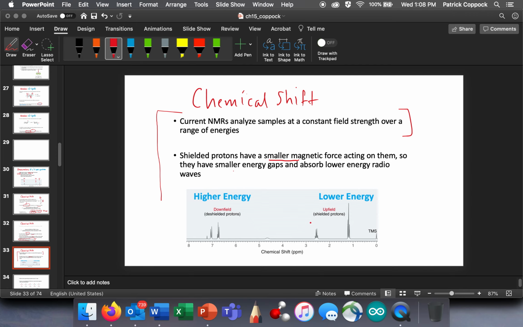You don't really have to understand what a shielded proton is, but methyl groups are shielded, and things that have electronegative groups next to them are de-shielded, so they show up downfield. Again, that's not super important other than to say there is a reason why these show up downfield.